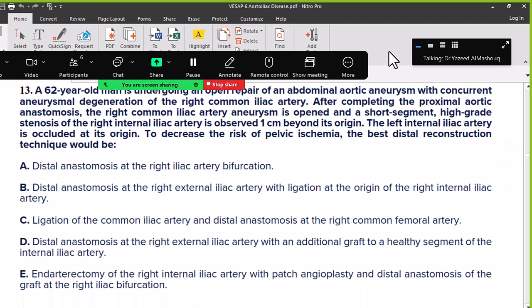A. Distal anastomosis at the right iliac artery bifurcation. I think this will not address the problem. B. Distal anastomosis at the right external iliac artery with ligation of the origin of the right internal iliac artery. I think we cannot ligate it while the other is already occluded. C. Ligation of the common iliac artery and distal anastomosis at the right common femoral artery.